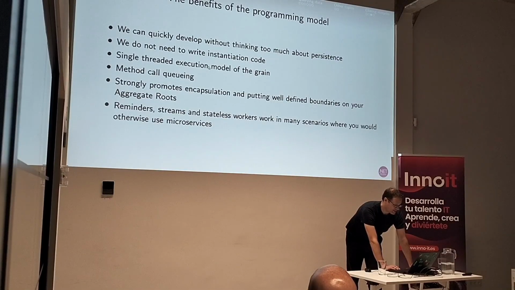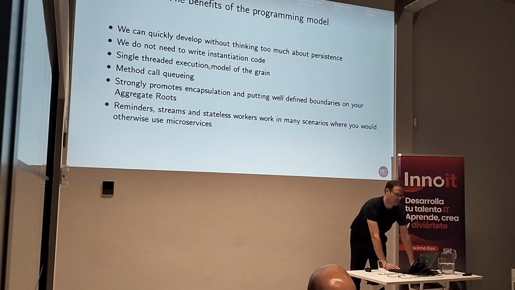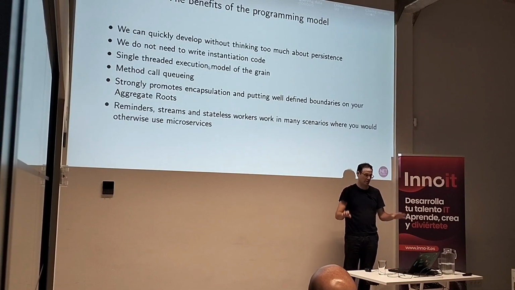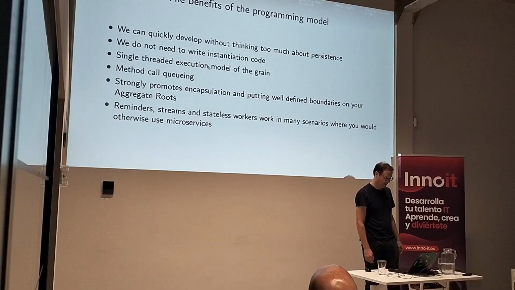The programming model itself is what I find most interesting, since for scale, I have to say that I don't need Orleans, but what I like is that you can develop and prototype quickly without thinking about persistence. As long as your model serializes, it's okay.